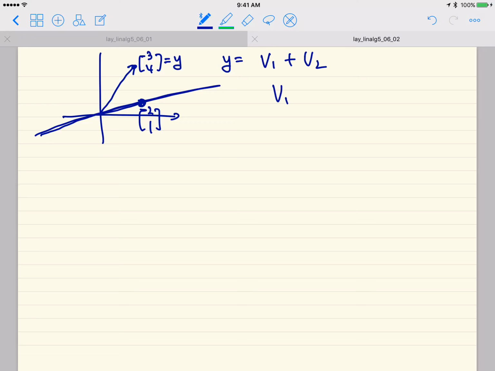Again, I mentioned that v1 should belong to the subspace W, which means this v1 should be along this line, right? So let's call this v1. There can be many different vectors along this subspace, so let's just randomly choose one vector. Suppose this guy was v1.